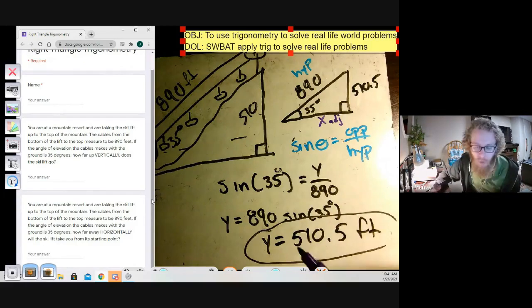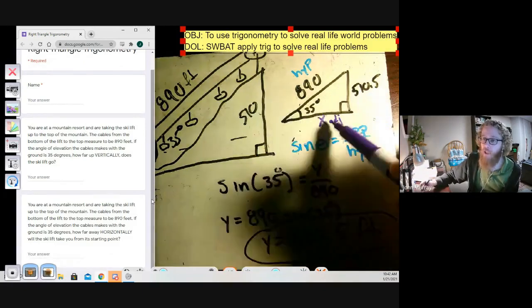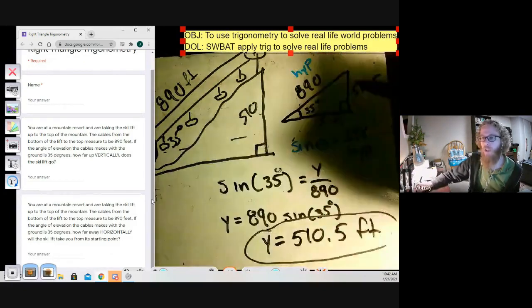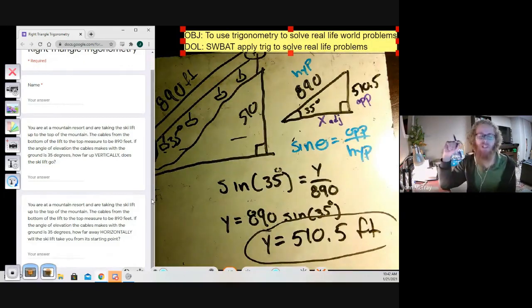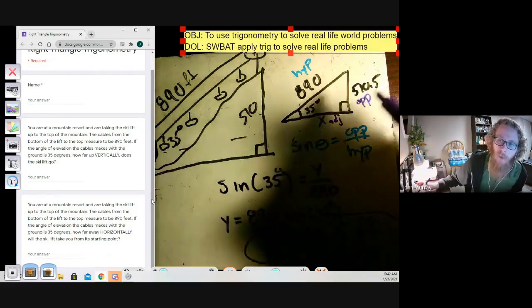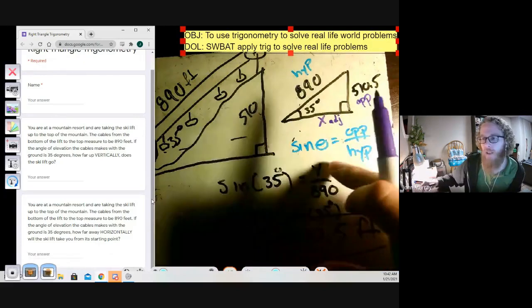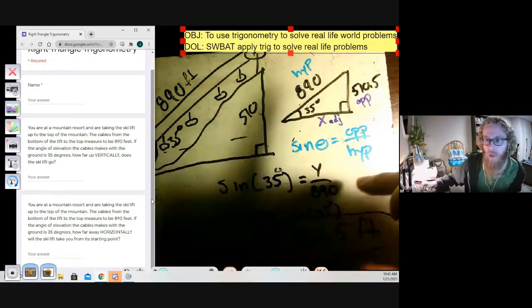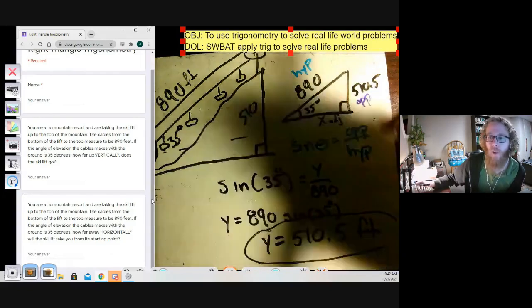If I stick to trigonometry, which I'm going to do, I have two options. I have the adjacent and the hypotenuse, or the adjacent and the opposite. My suggestion is always use what was given to you, just in case we made a mistake and this isn't really 510. Say something happened and maybe I did radians instead of degrees, or chose the wrong function, and I didn't get 510 here.